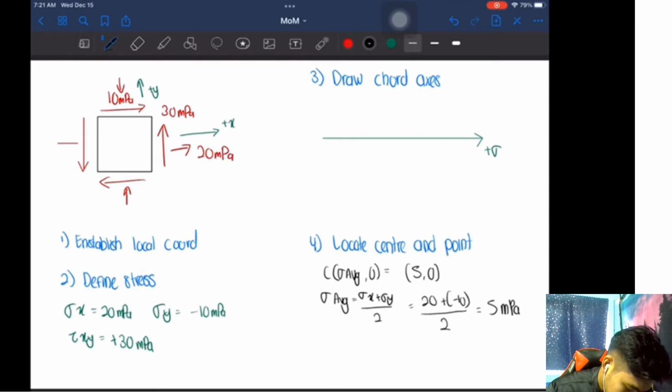The first point on the outer radius, which I will call A, is sigma x, tau xy, with coordinates of 20, 30 megapascal.